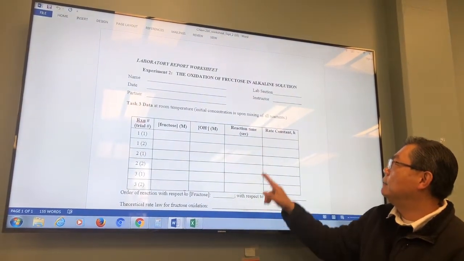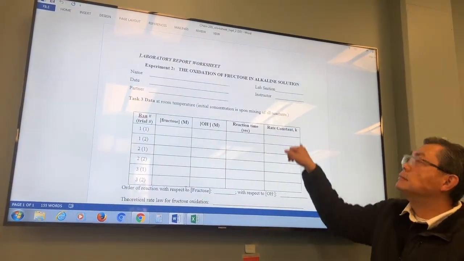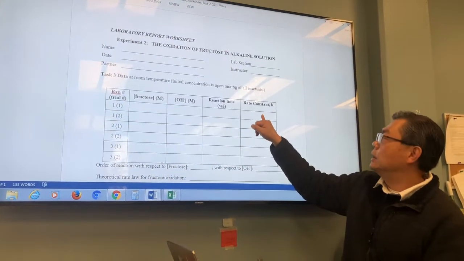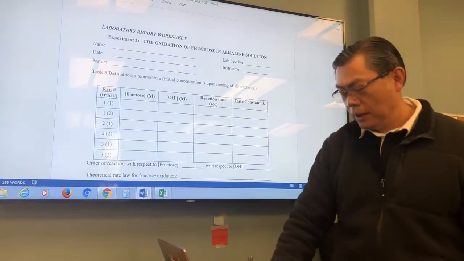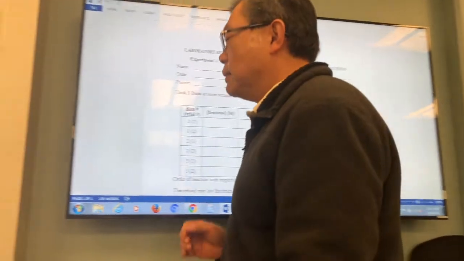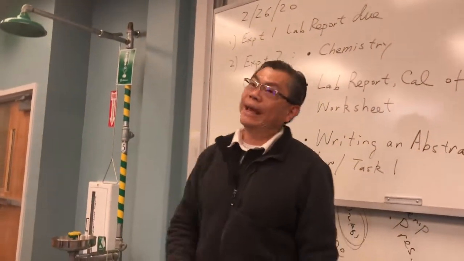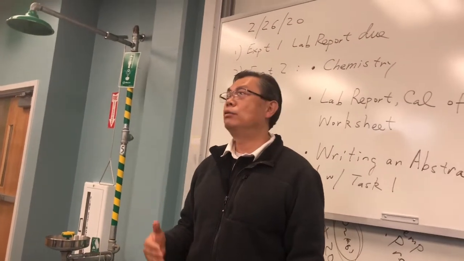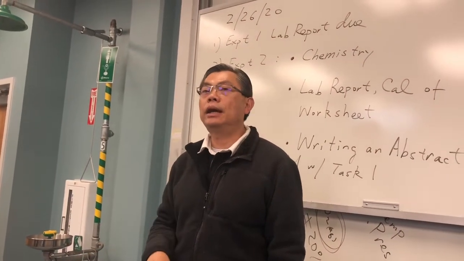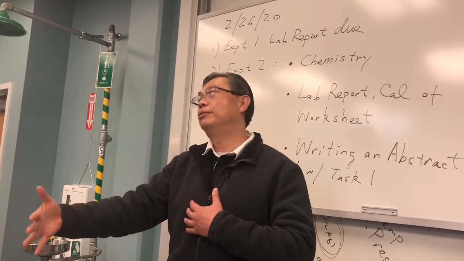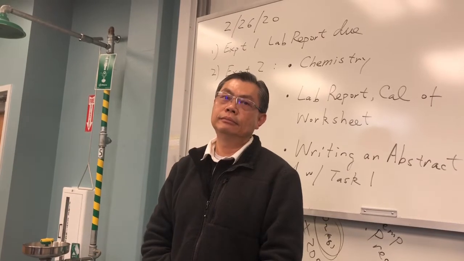And what do you have? The rate constant. This would be results. You see? So results would probably need some calculations or treatment of your data. All right? So we want to report results, not data, in the abstract. When you write the full report, you provide everything.